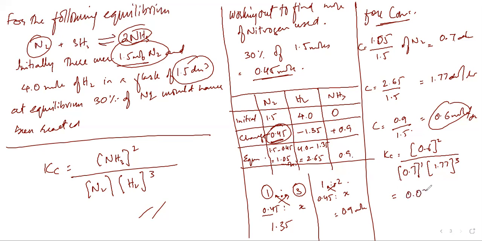Let me do it. 0.9 तुमने कहा है, 0.6 power 2, 0.7 power 1, 0.927 is the Kc value.